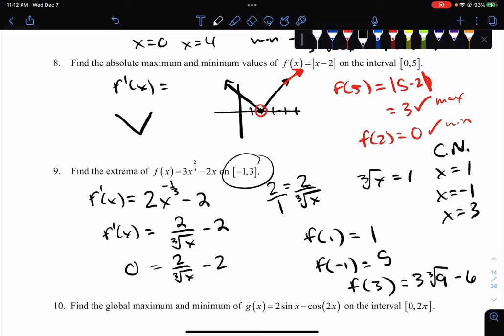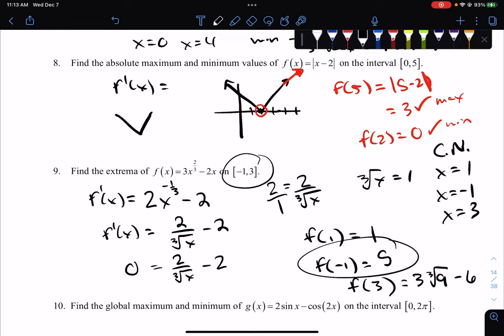Yeah, we're doing our math okay. So this is definitely going to be my maximum, right? So the question is, is 3 cube root of 9 minus 6 going to be smaller than 1? If cube root of 9 is bigger than 2, it's definitely going to be smaller.